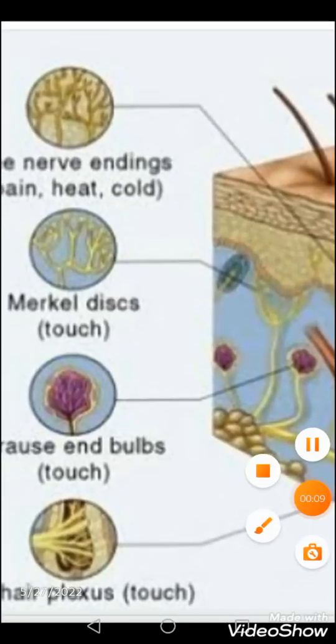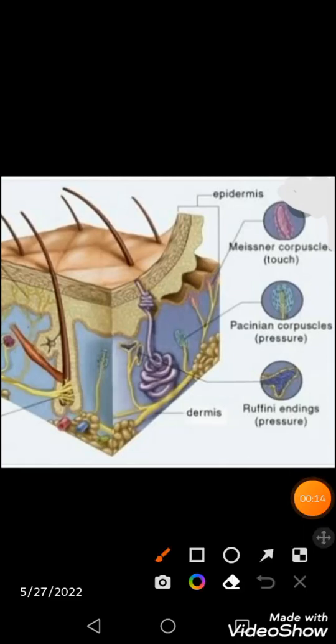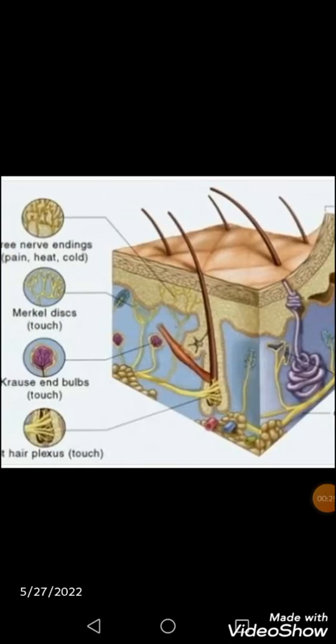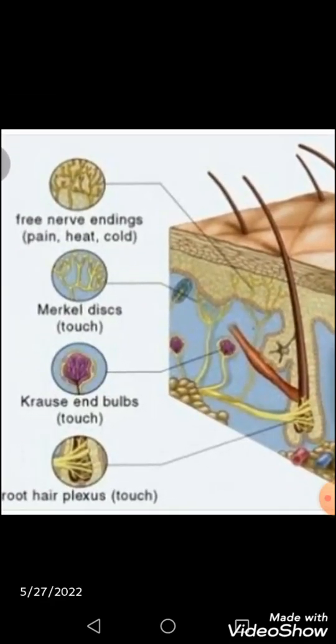Right? Now in the picture you can observe the Pacinian corpuscles. They are like lamellated discs, and they receive the sensation of pressure, right? And what else, let me show you another location, the hair root plexus, which is meant to receive stretch type sensations in your body.